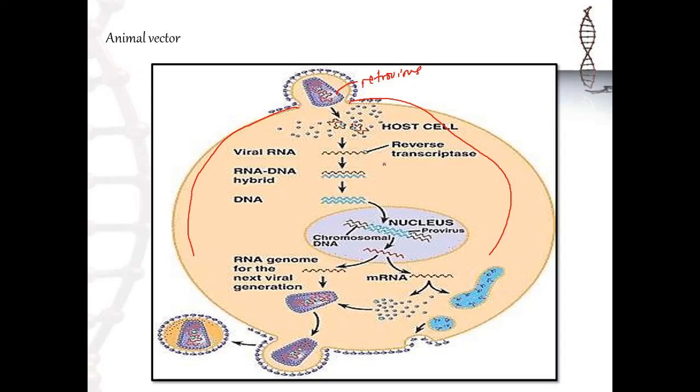Then the viral genome undergoes reverse transcription, then multiplies. We have viral RNA, then an RNA-DNA hybrid, until it inserts into the nucleus and is ligated, joining the DNA strand of the cell inside the nucleus, until such time that the cell is infected and bursts, or lysis.